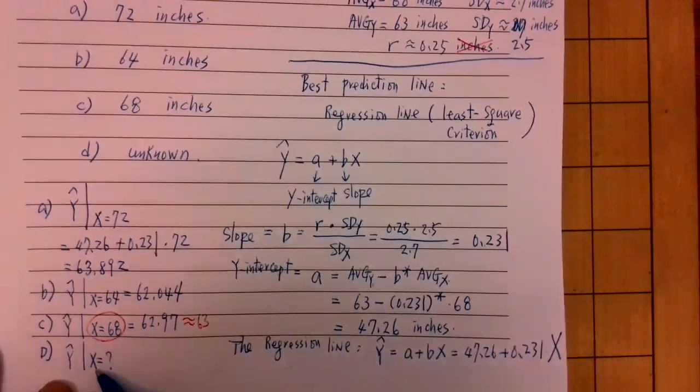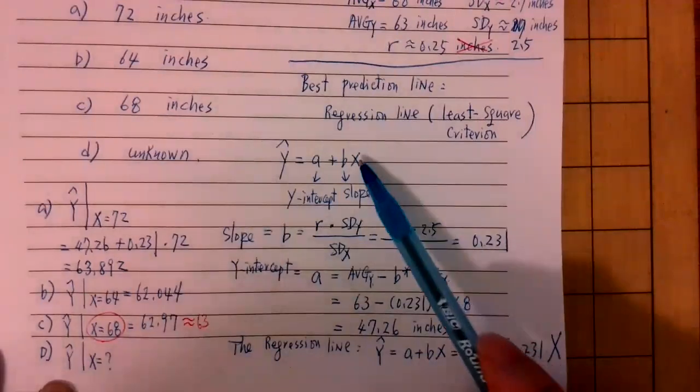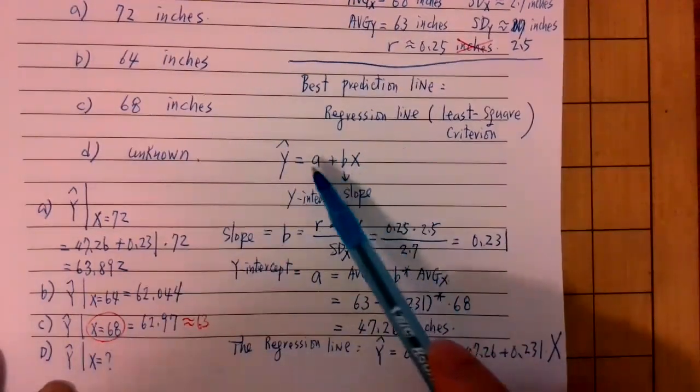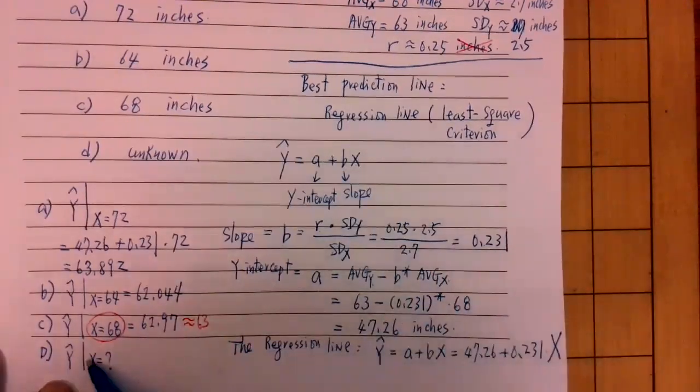Now, the last one. If we don't know the husband's height and we want to predict the wife's height, how can we do that? Before, if you tell me x, I can just plug x in here and use the least square regression line to find the corresponding wife's height. But if I don't know the husband's height, how can I predict? Well, the idea is very simple.